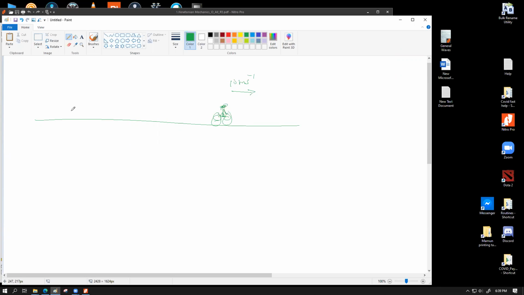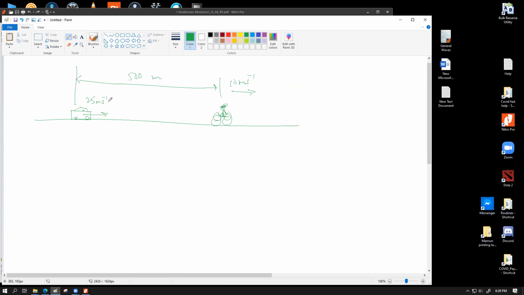There is a car. This is the car. When the car sees the bicycle, the distance between them is 500 meters. The initial velocity of the car is, let's say, 25 meters per second.